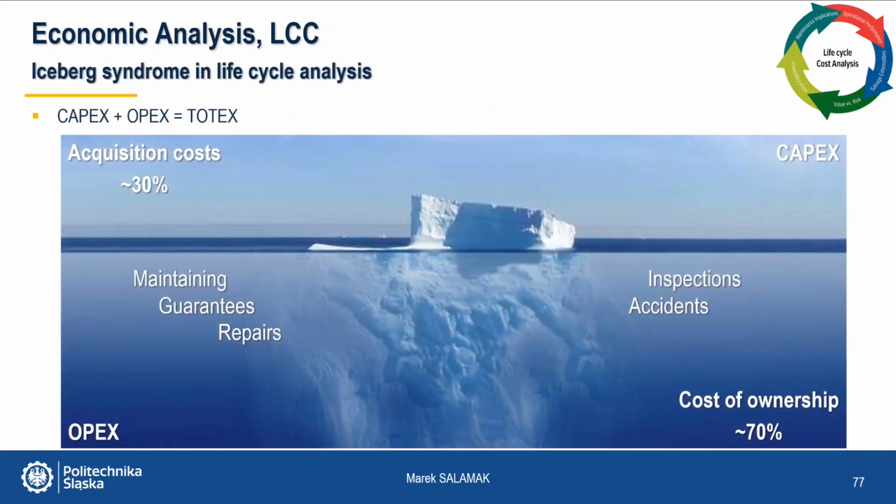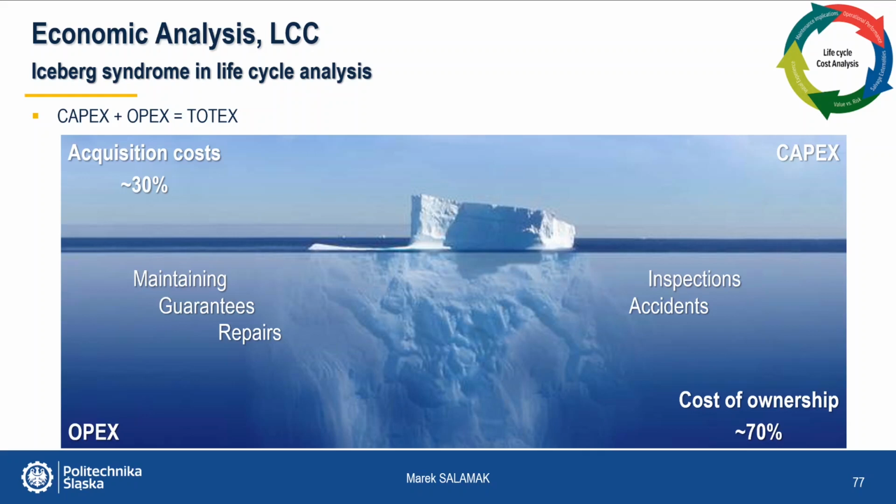This approach enables the contracting authority to make its investment decisions more consciously and correctly. It is not only the short-term criteria, for example, the acquisition cost, the purchase cost, called capex, that decide. This approach is often presented in the form of the so-called iceberg syndrome, where the investor only notices the initial costs.